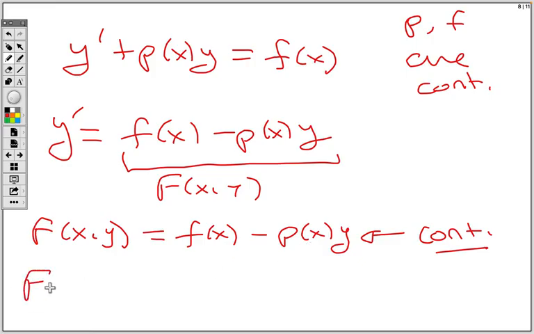And what would be the partial derivative of this with respect to y? If I take the derivative with respect to y, treating x as a constant, what would I be left with?